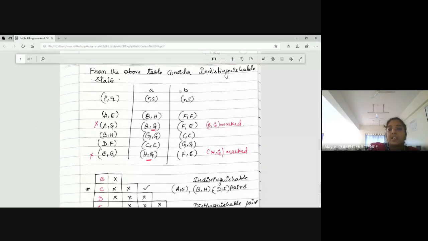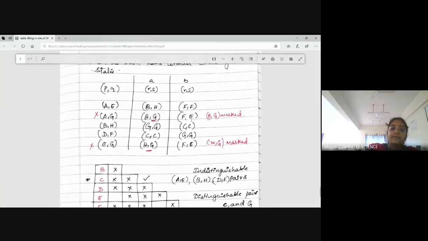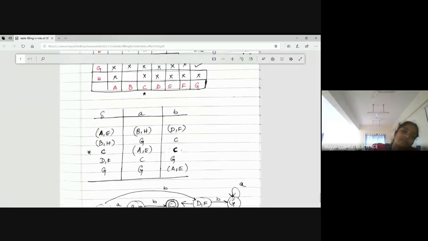What about on B input? On B input, it is going to FF. Do I have a state called FF in this leftmost column? I don't have a state called FF, but I have a pair of states where D and F are there. So instead of FF, I will write DF. Fine.